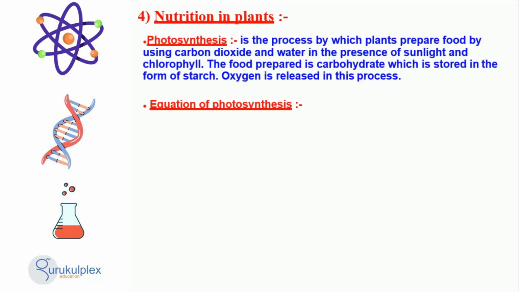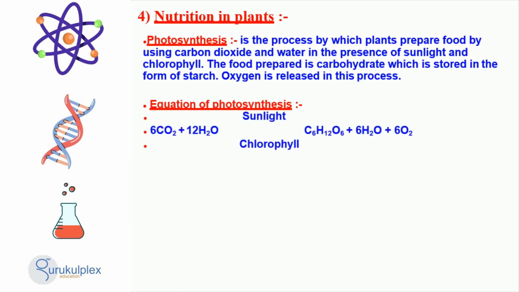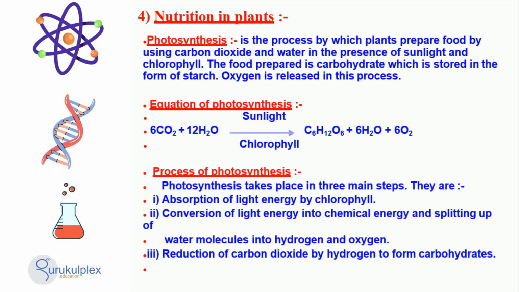Plants need photosynthesis to survive. This process, in which water, carbon dioxide and sunlight in the presence of chlorophyll are converted into energy-rich carbohydrates, releases oxygen. The equation for photosynthesis is 6CO2 plus 12H2O, with sunlight and chlorophyll providing the catalyst, resulting in the products C6H12O6 plus 6H2O plus 6O2.